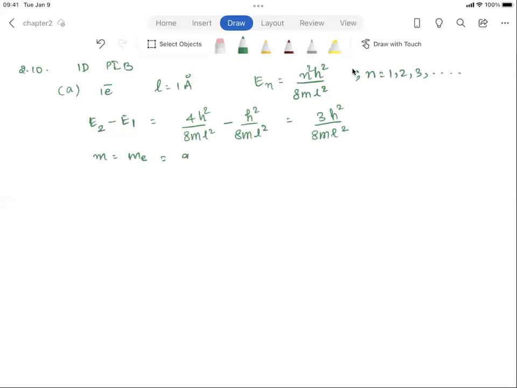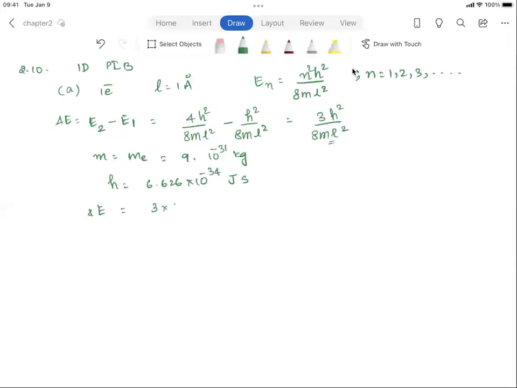So this is going to be 9 times 10 to the power negative 31 kilogram. And we already know the length of the box, it's 1 angstrom, and the Planck's constant is 6.626 times 10 to the negative 34 joule second. So I'm gonna call this delta E.